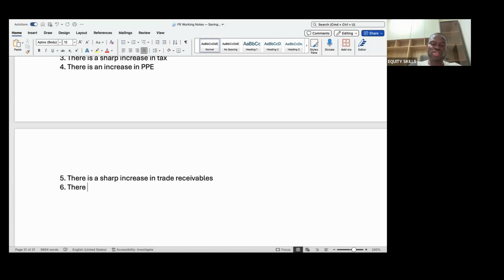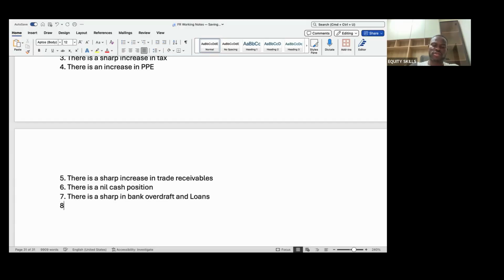And you would notice that there is a nil cash position. And that nil cash position has now turned negative, in the sense that you see a sharp increase in bank overdrafts and loans. You see that they are majorly financing their operations with loans.